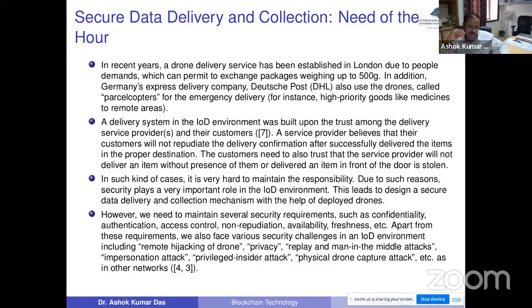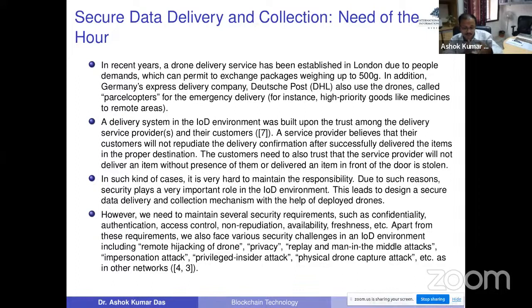Therefore there are security requirements, for example confidentiality, authenticity, access control, non-repudiation, etc. Using these security services, we can provide a secure data delivery and collection mechanism, so that the customer can't deny that items were delivered in their absence, or claim that items were stolen.